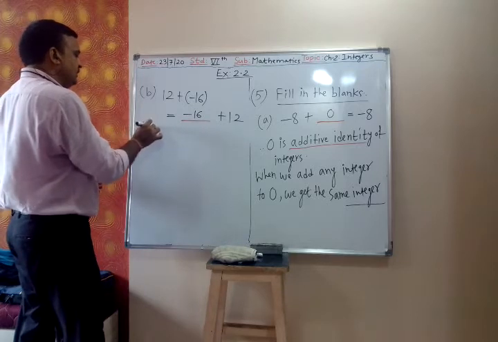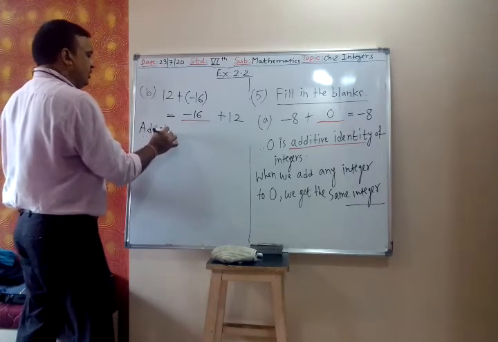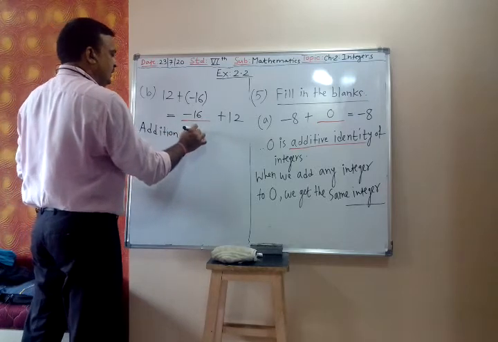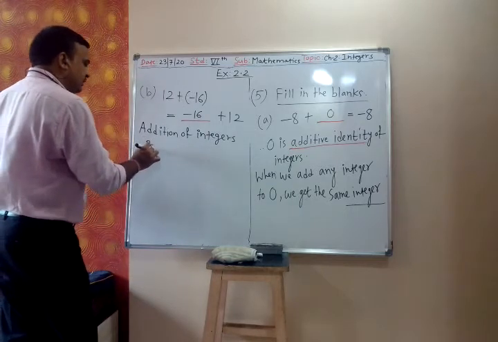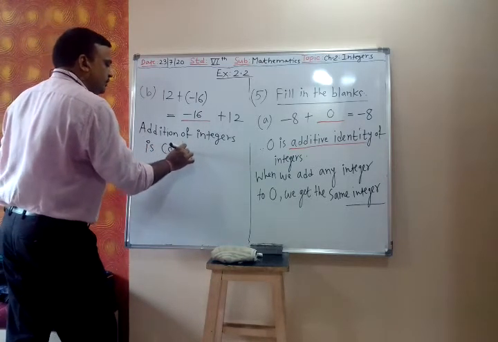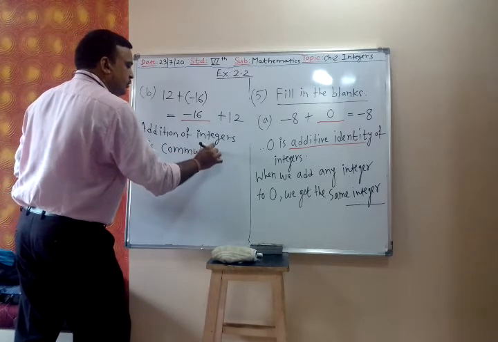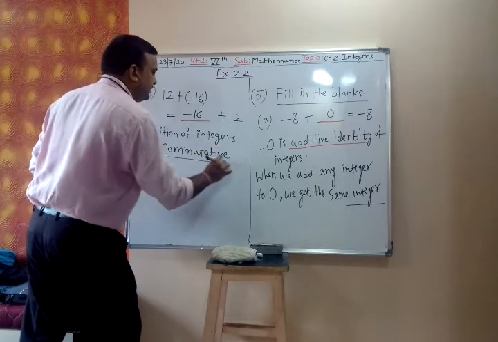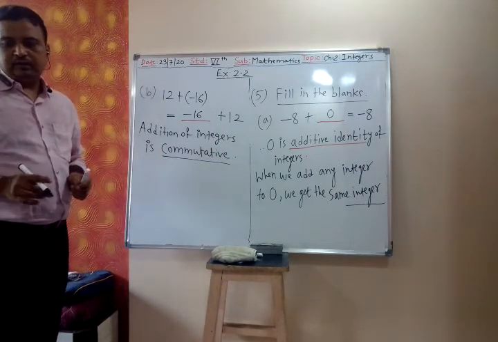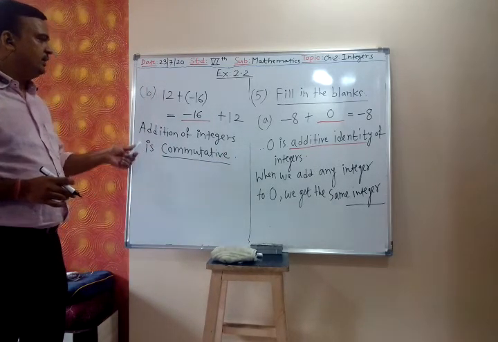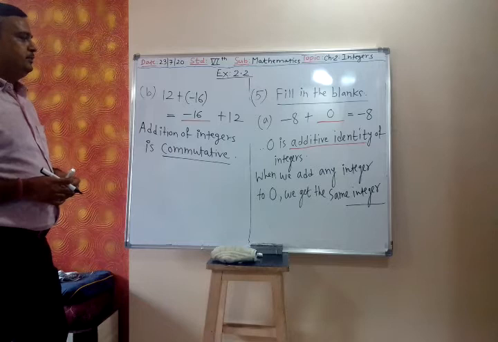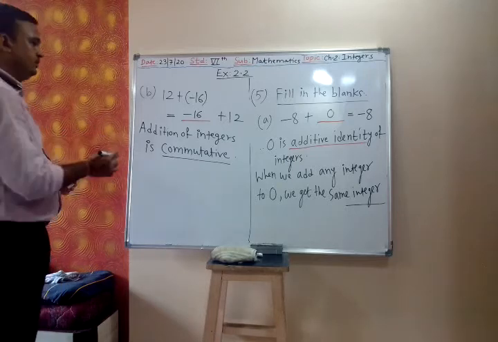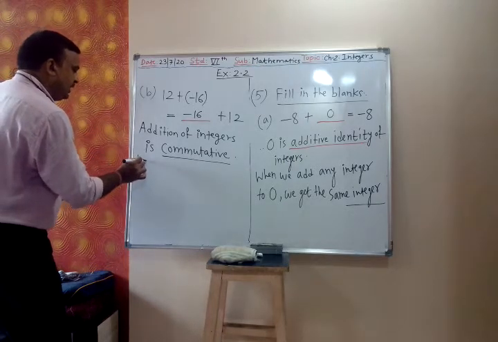Addition of integers is commutative. Commutative means, you have to write the reason. Addition of integers is commutative because we can add the integers in any order.